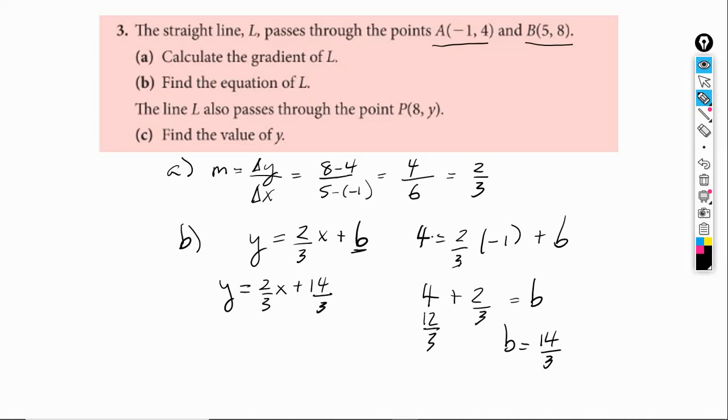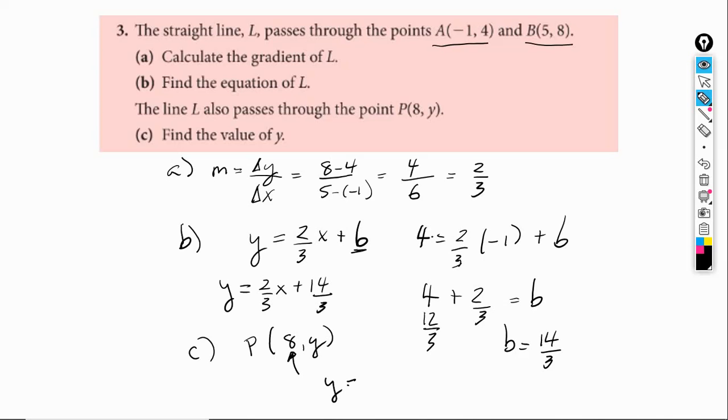Okay, and then finally, for part C, it tells us that the line passes through a point P in the form (8, y). So notice that they're giving us the x value, and they want us to find the resulting y value. So we have to plug in 8 for x.